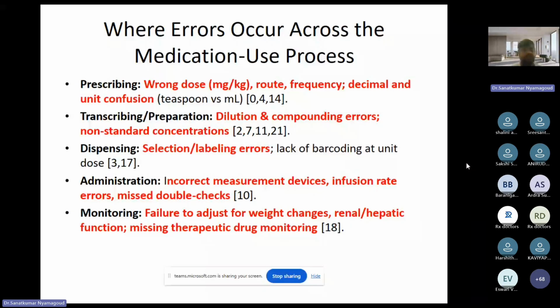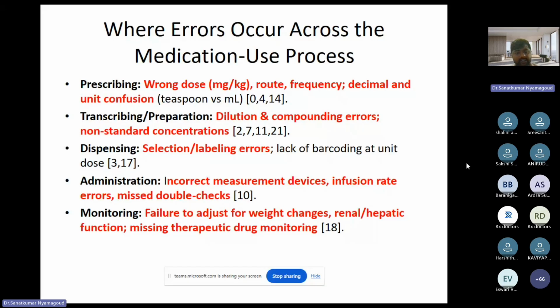When it comes to administration, in current measurement devices, we don't have proper medical devices to dispense the correct dose to the pediatric population. And many times in ICU patients, infusion rate error is very high, and many times we don't do a double check of the drug which is administered in IV form in ICUs.